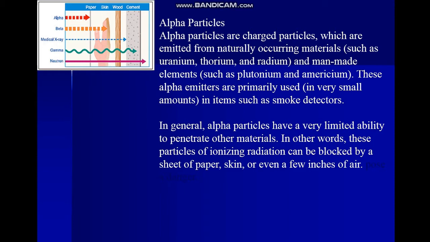These alpha emitters are primarily used in items such as smoke detectors. In general, alpha particles have a very limited ability to penetrate other materials, as you can see here. In other words, these particles of ionizing radiation can be blocked by a sheet of paper, skin, or even a few inches of air.